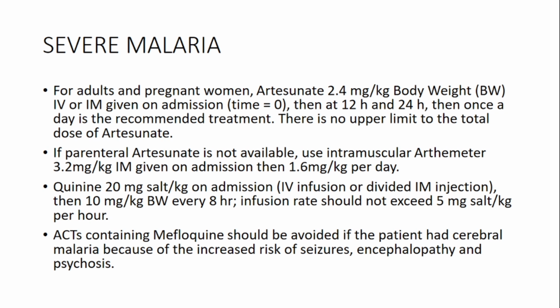However, if artesunate is unavailable, then intramuscular artemether can be administered, and this is given with a starting dose of 3.2 mg per kilogram intramuscularly at admission. Then following this, one will give 1.6 mg per kilogram body weight daily until the patient is also able to tolerate orally. And after this, this regimen must still be completed with artemisinin-based combination therapy.